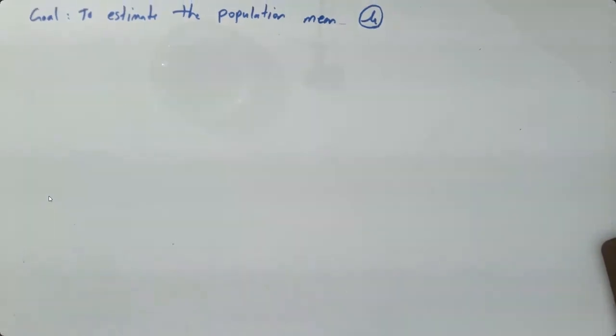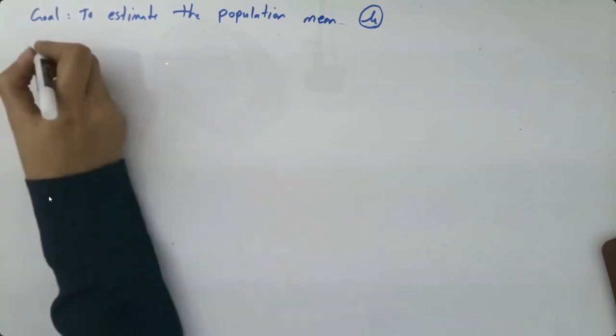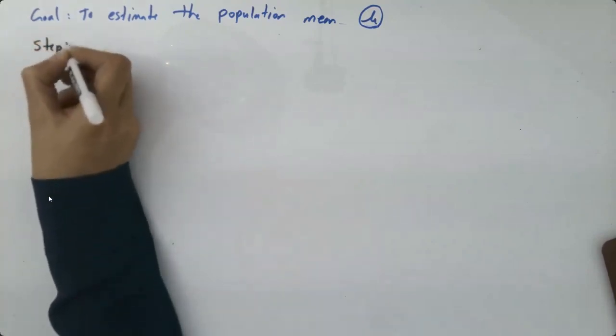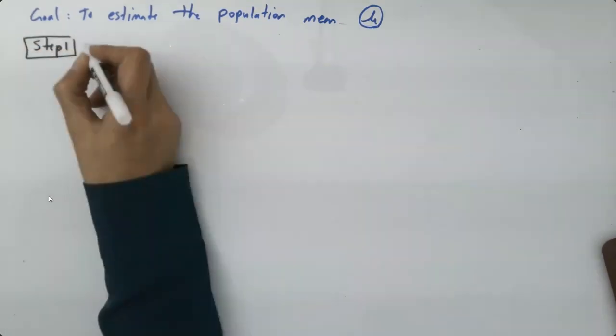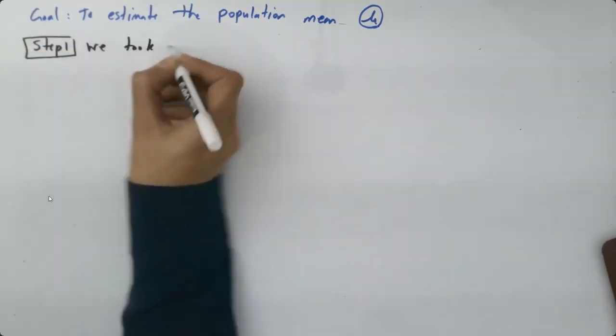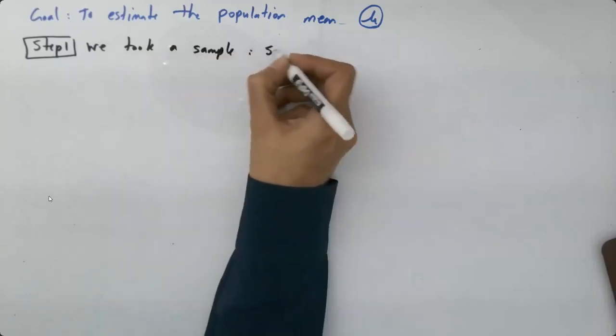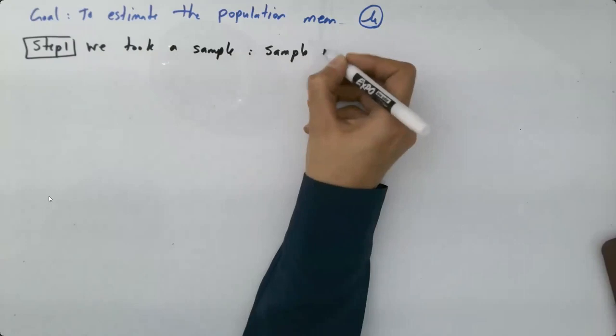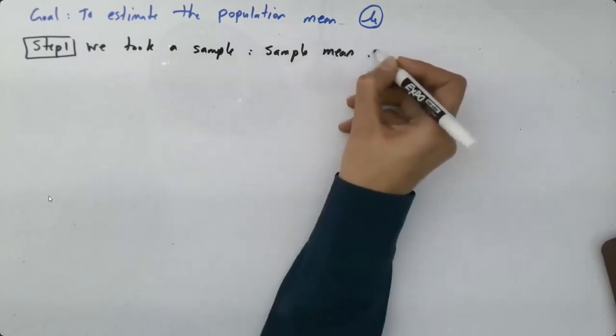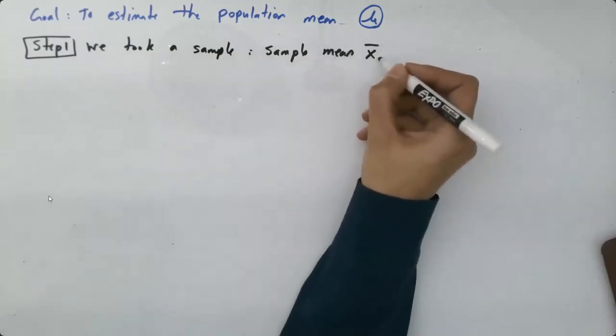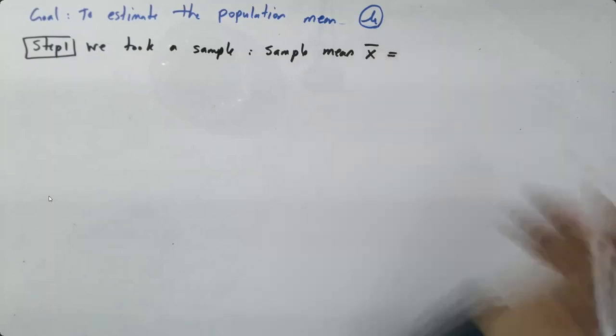Not just one sample, we need more information. In step 1, we took a sample, and we calculated the sample mean, which is the best point estimate for population mean.